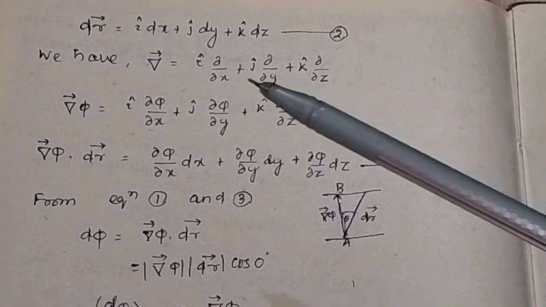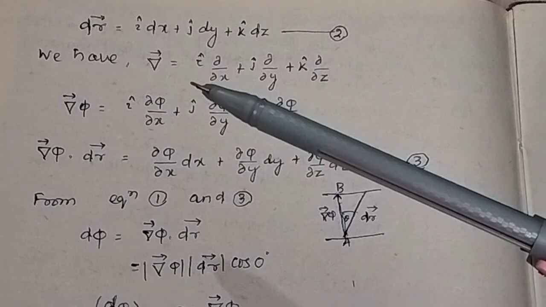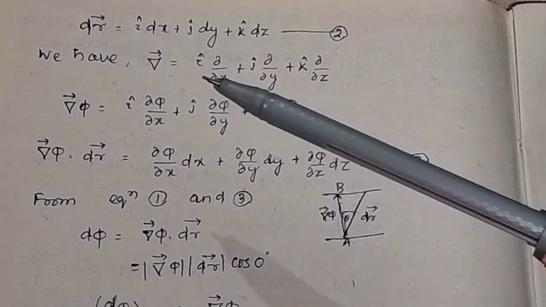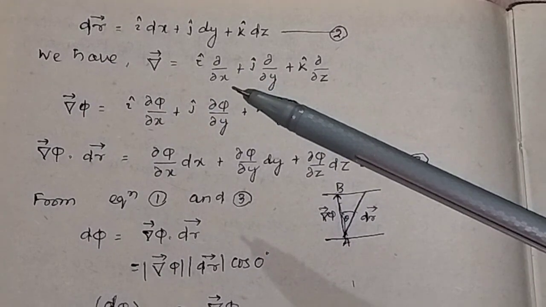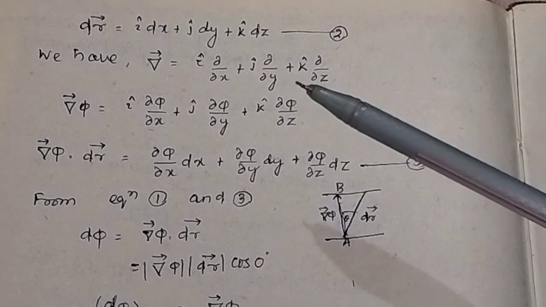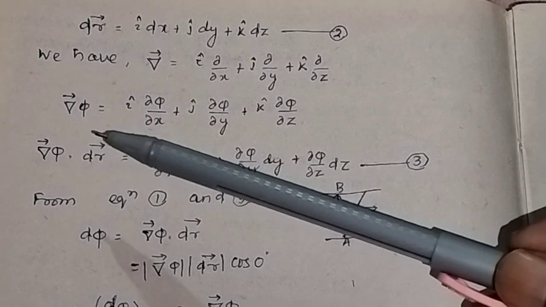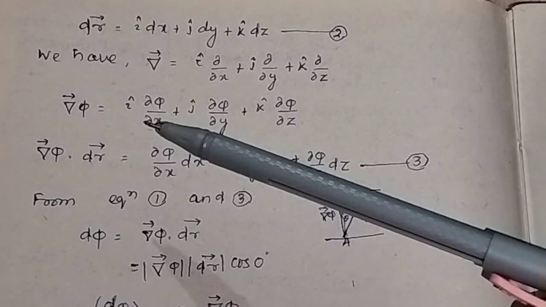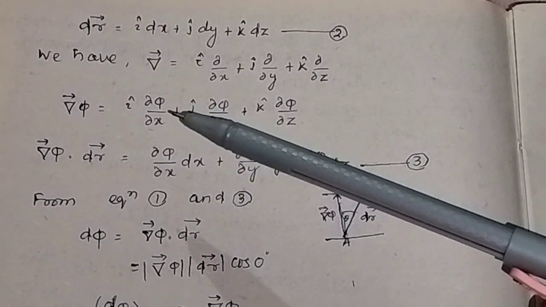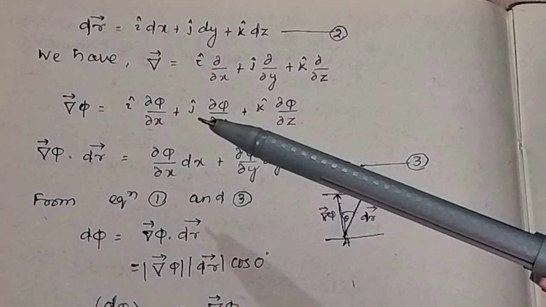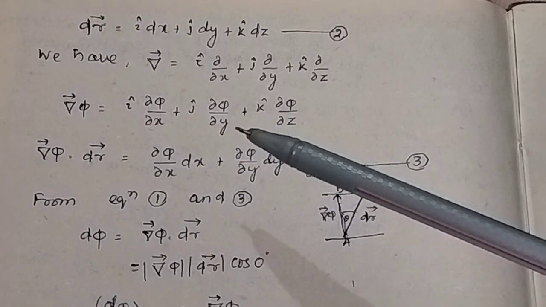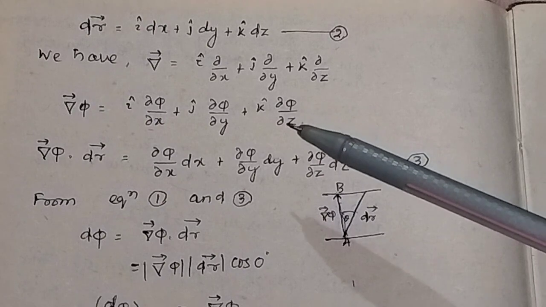In the previous video we discussed the del operator. Del operator is equal to i cap del by del x plus j cap del by del y plus k cap del by del z. Now you take del of phi. Del of phi will be equal to i cap del phi by del x plus j cap del phi by del y plus k cap del phi by del z.